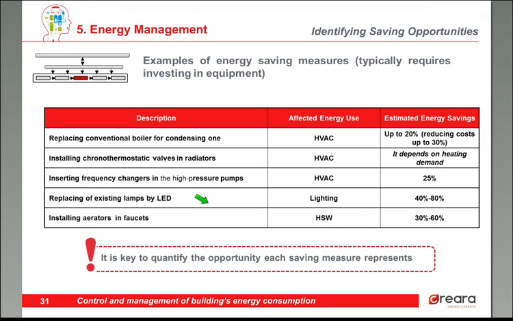Here we have some examples, like replacing a boiler, installing bulbs, replacing lamps, etc. It is important that all these are properly quantified. I mean, the energy potential of every measure should be quantified so that we can choose which is the most relevant or more attractive one for the organization.